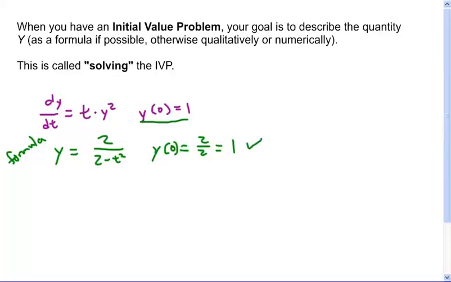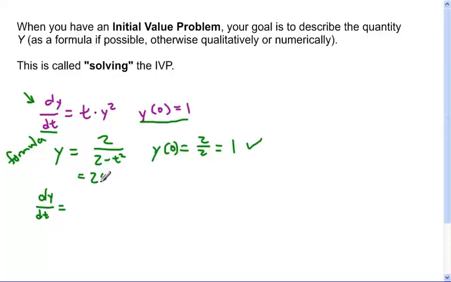Check. All right, but then the more interesting thing is, does it actually obey the differential equation? And remember, the differential equation says that its derivative is t times the thing squared. Well, let's check that out. So the derivative, let's see if we can work this out.